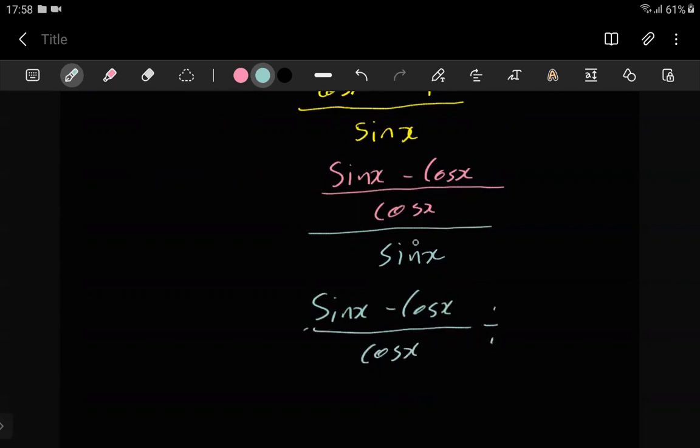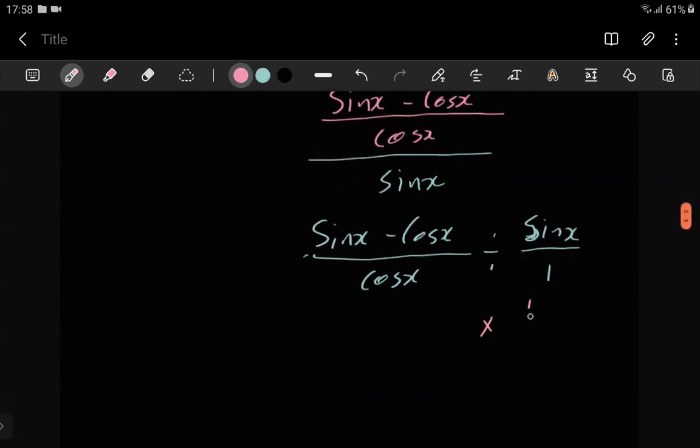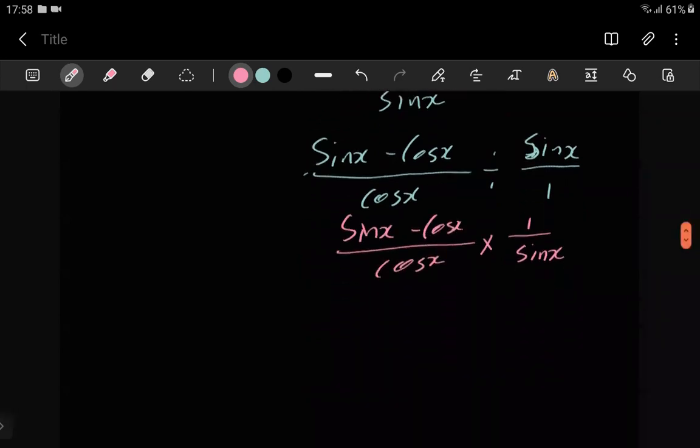This is technically being divided by sine x, of which we can put this over 1, so that at least it's a fraction and a fraction. And then since there's a division symbol here, we can change it to a multiplication symbol and flip this over. And then here we have sine x minus cos x over cos x. And while we're carrying on here, we can clearly see it doesn't look like it's any simpler than how it was in the beginning.